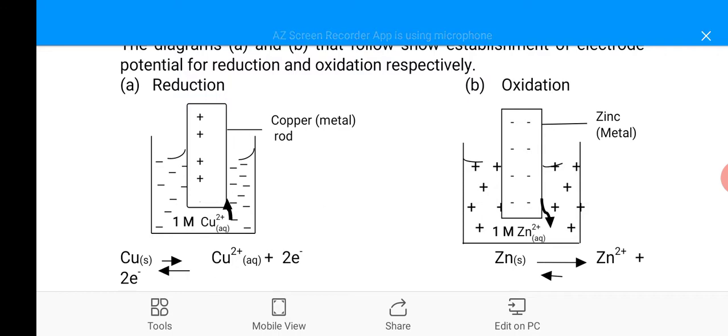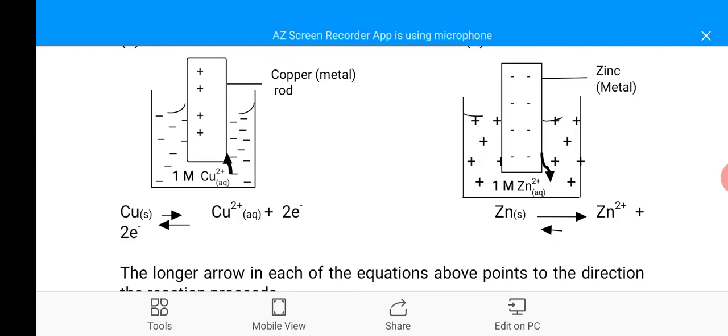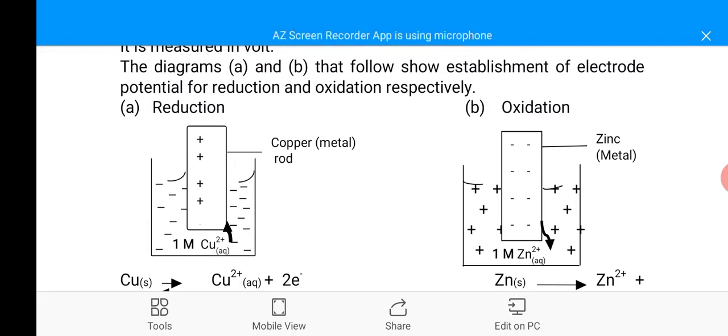But the actual reaction that will take place here is that the copper ion would gain electron, will acquire electron from the electrode, and will become deposited as copper atom, as we have in the reduction part, meaning that it will gain electron.